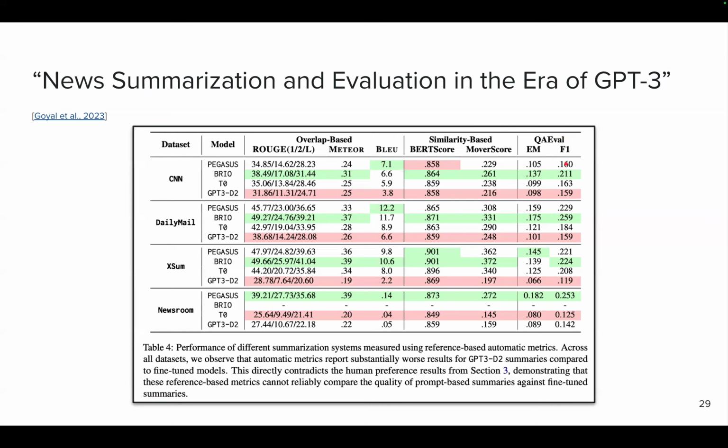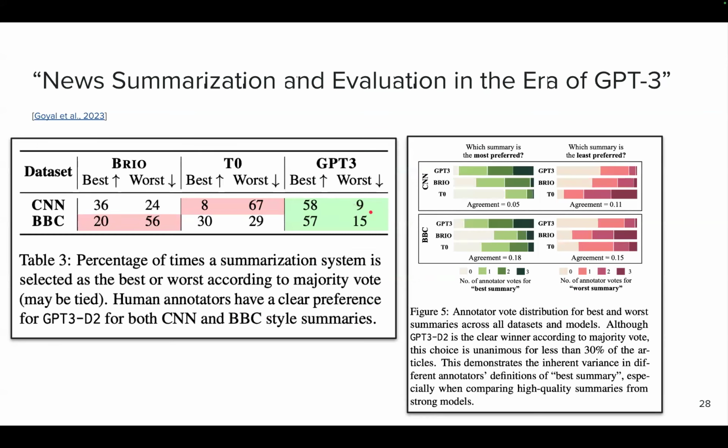And what you can see here is that under these automatic measurements, it seems that GPT-3 is the worst. So it seems to be the worst according to these previous measurements, but according to human evaluation, which is the holy grail in terms of evaluation, it is the best one.